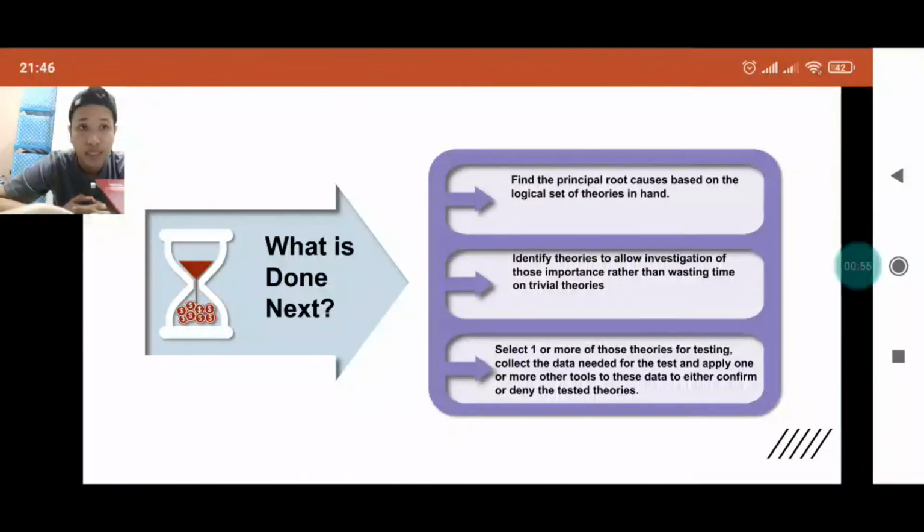Collect the data needed for the test and apply one or more other tools, like I said in the slides before: Pareto analysis, histogram, scatter diagram. You can use one of those to test all these data to confirm or deny the tested theories.